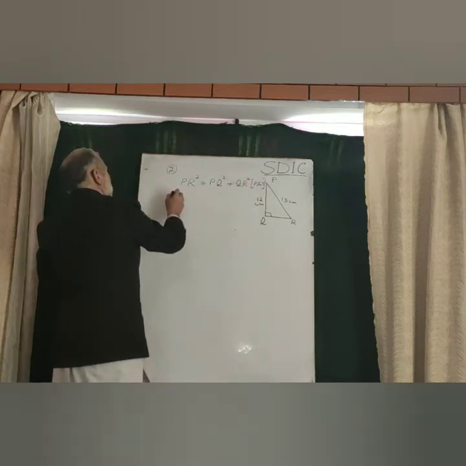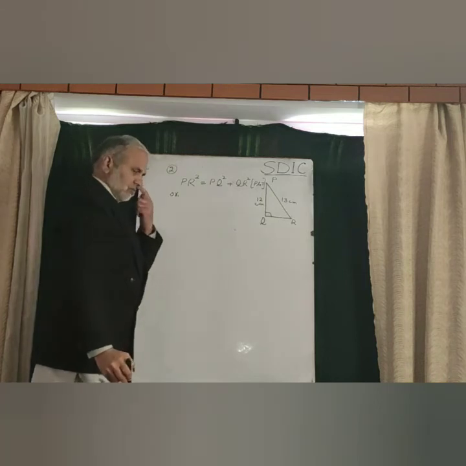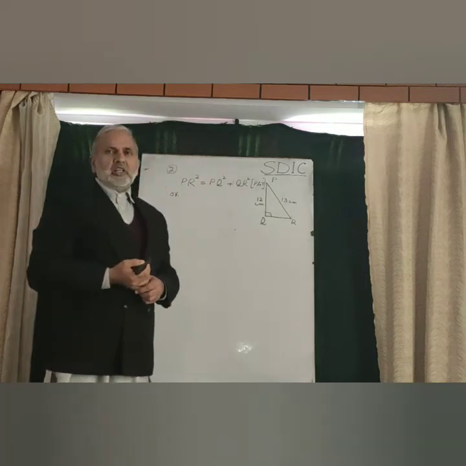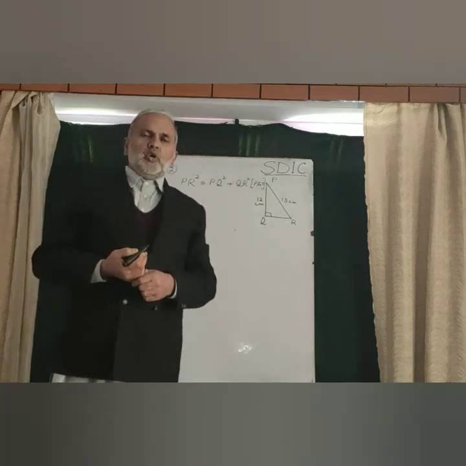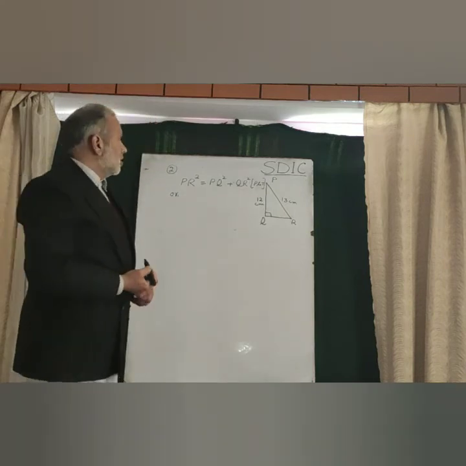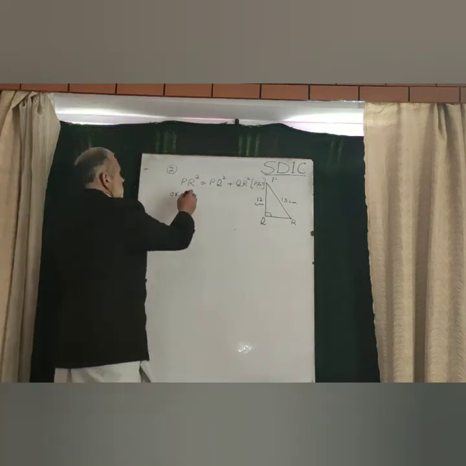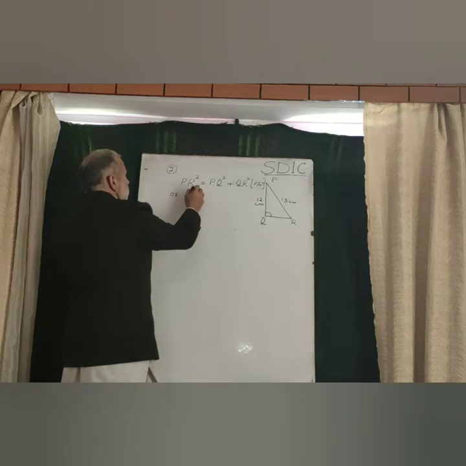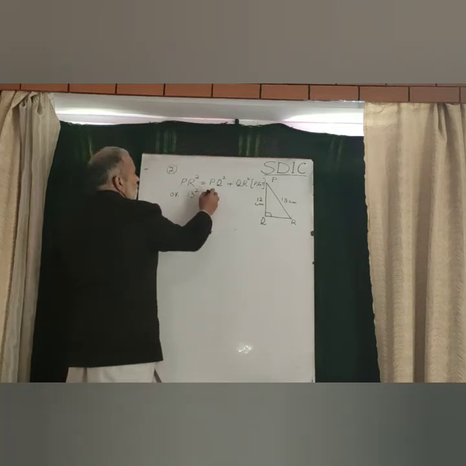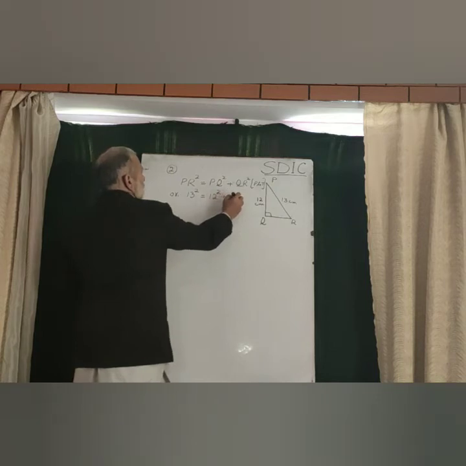And then using this, you can find the length of the third side, because two of them we know. Put in the values. PR is 13, so it is square of 13 is equal to PQ is 12, square of 12 plus QR we do not know. Square of QR will remain as it is.